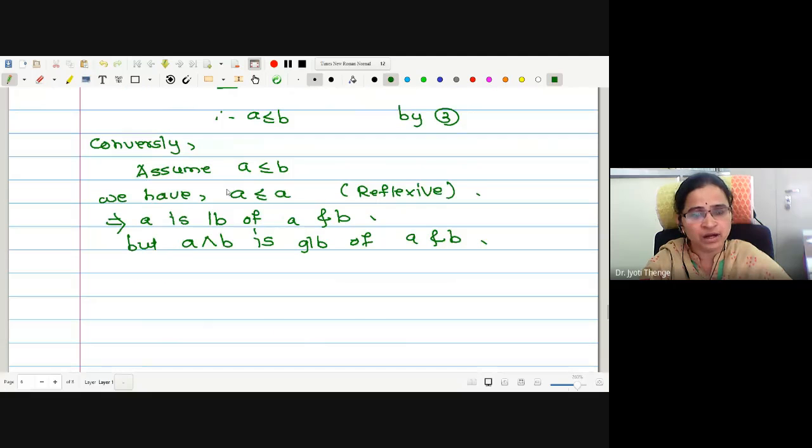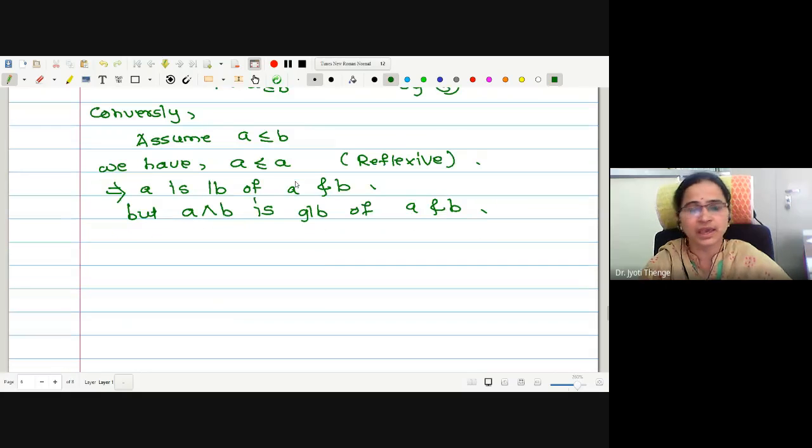In the second part, we will assume A precedes B, and the aim is to prove A meet B is A. We know with the reflexive relation that A precedes A itself.